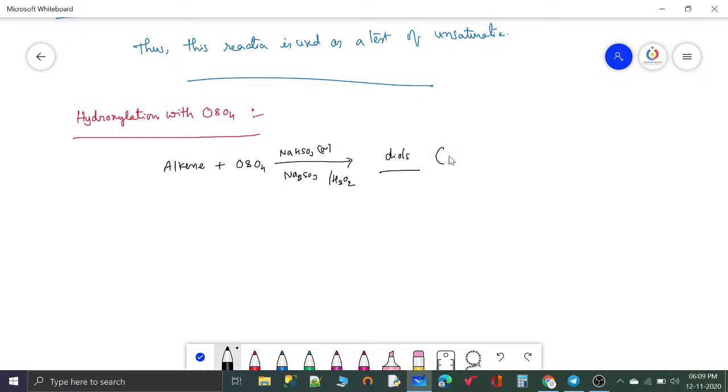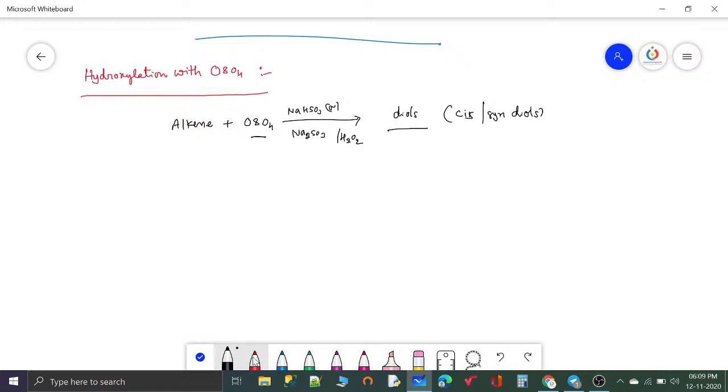These diols are the cis diols or syn diols. It means that in this reaction, osmium tetroxide adds both the OH groups to the alkene molecule from the same side.